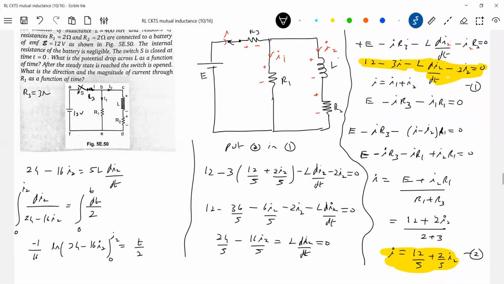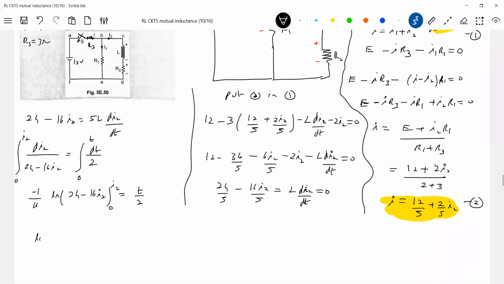Now solving this, log of 24 minus 16 I2 will be 8t. So this will become I2 is equal to 24 minus e to the power of 8t by 16.